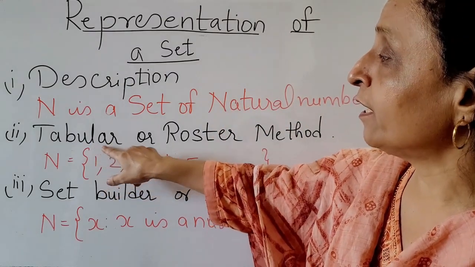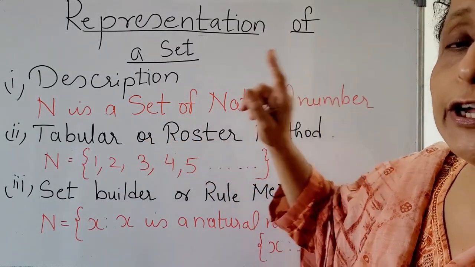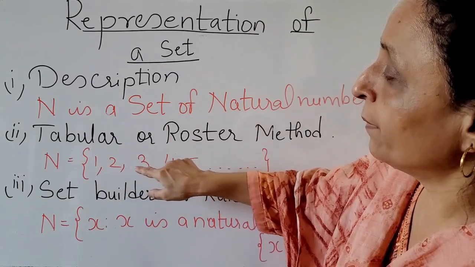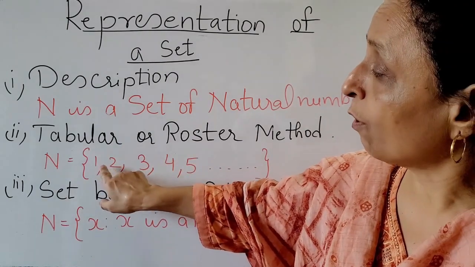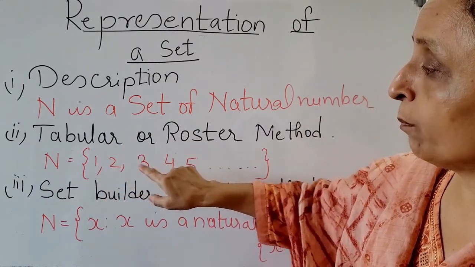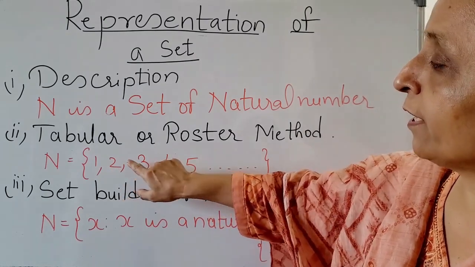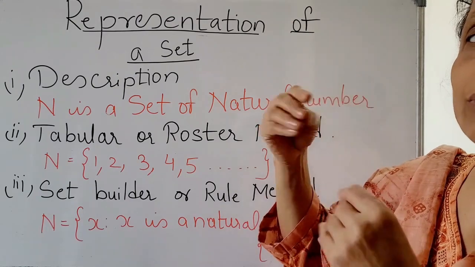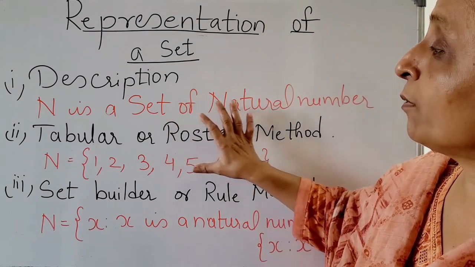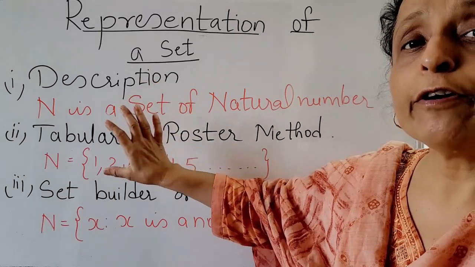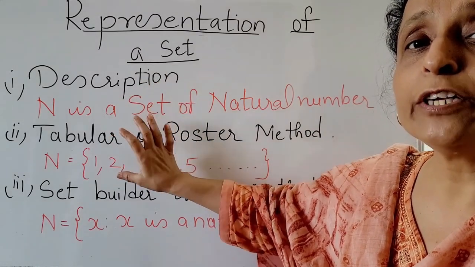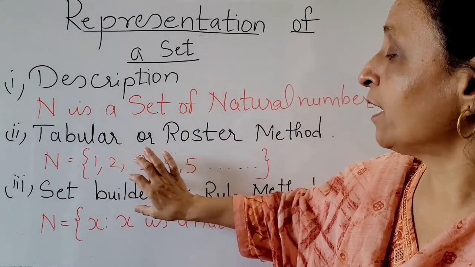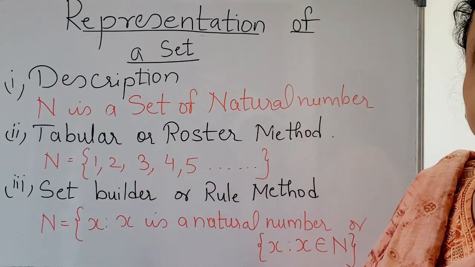So here in tabular or roster method, you write in curly brackets the elements by putting a comma in between, and the dash shows that it goes on. So this is the tabular or roster method, where you have to write the elements, put the comma and put the curly bracket.